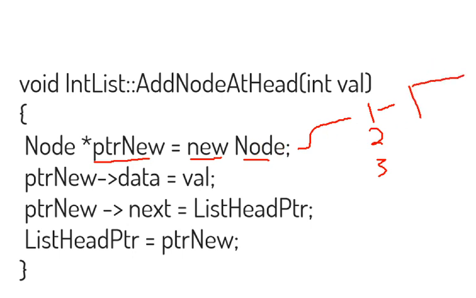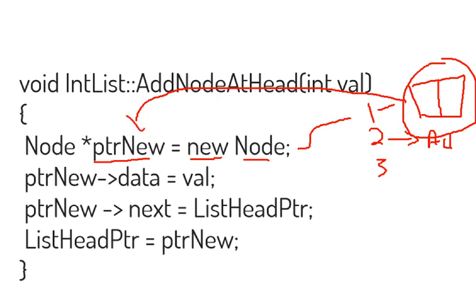Secondly, it will return the address of this created memory. Since it will be returning the address of a node type thing, that is why we have created a node type pointer, so that the address will be stored in new PTR.